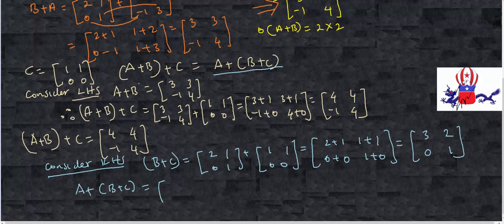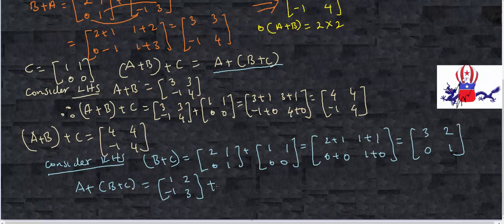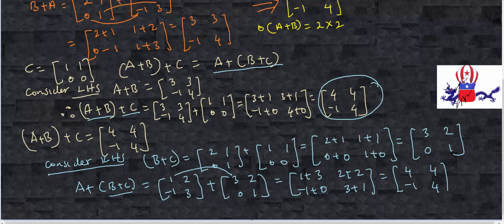Matrix A is 1, 2, -1, 3, now being added with B plus C, which is 3, 2, 0, 1. Adding, we get 1 plus 3, 2 plus 2, -1 plus 0, and 3 plus 1, which can be rewritten as 4, 4, -1, and 4. Now this has to be compared with A plus B plus C. Can you see that? This is what we have got: 4, 4, -1, 4.